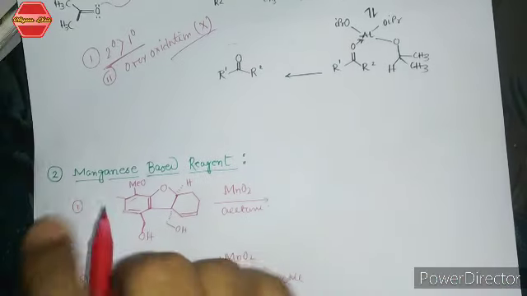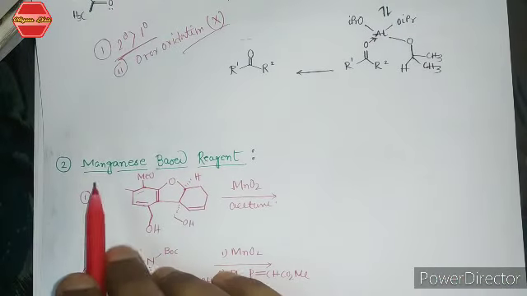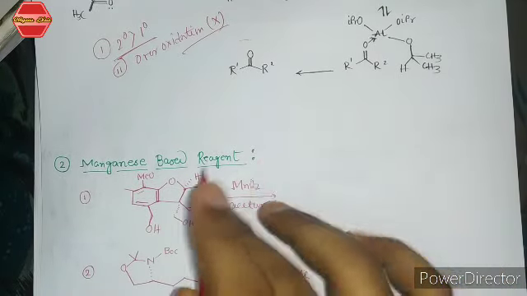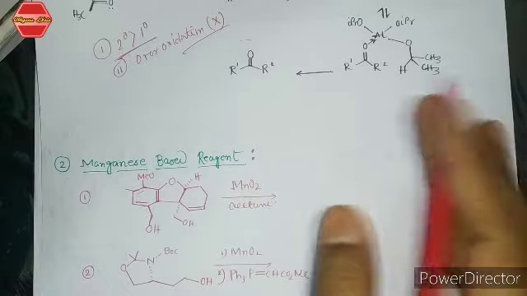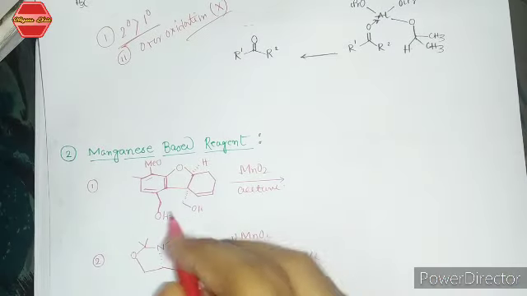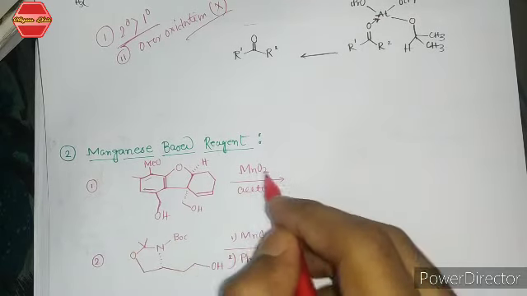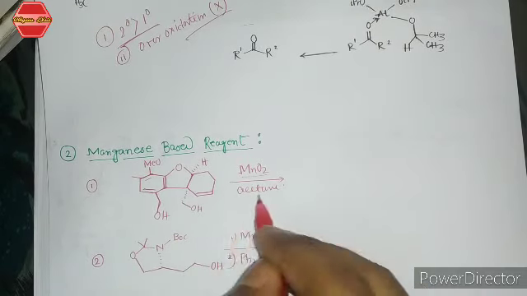Now there is one more important oxidizing agent, that is a manganese based reagent. Some manganese based reagents also oxidize alcohol to ketone. Now I am taking two examples here. See, this is MnO2 in the presence of acid.